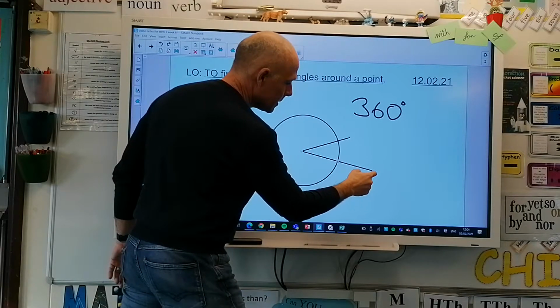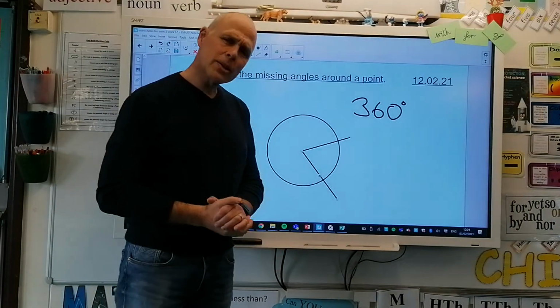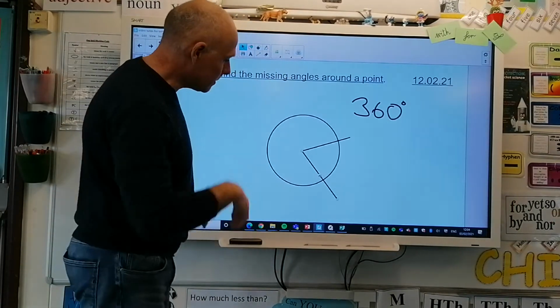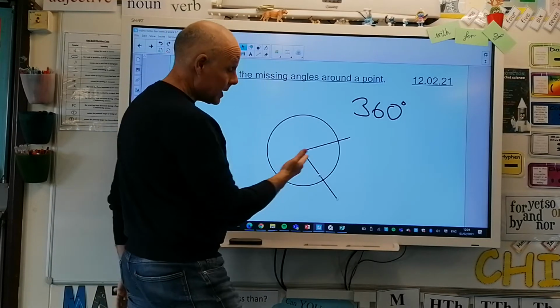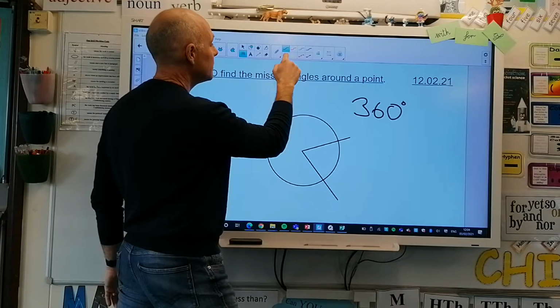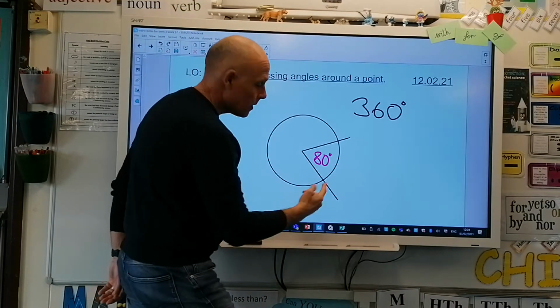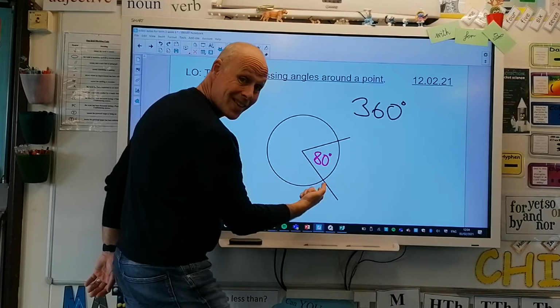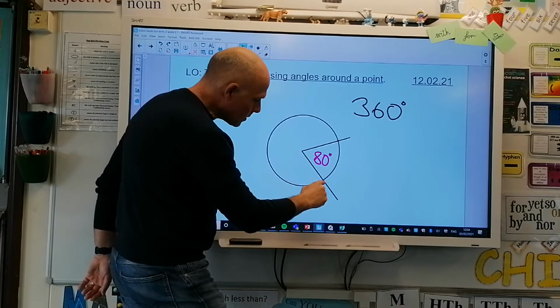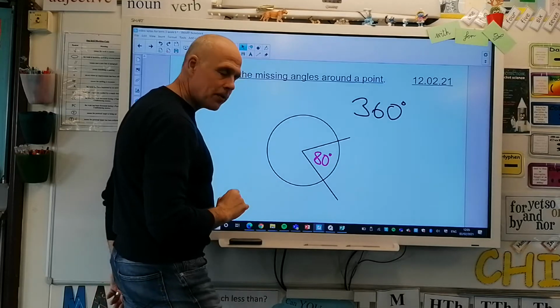Now sometimes I might give you a question whereby I'm asking you to find that missing angle. So this angle might be 80 degrees. So the turn from there round to there is 80 degrees. The question is, what's the missing turn? Well, ask yourself this.